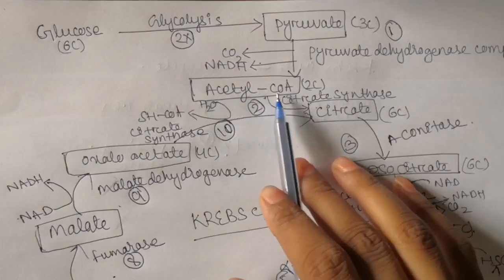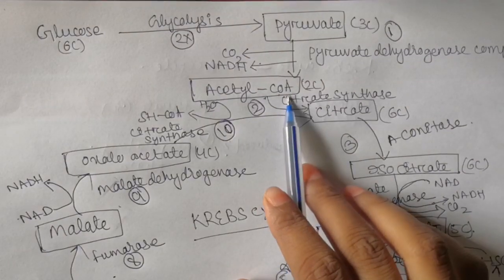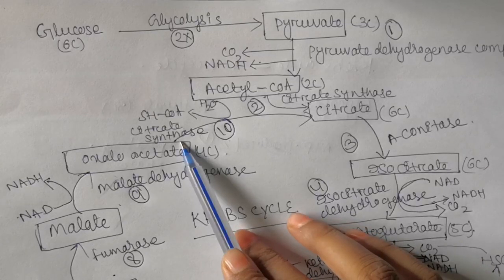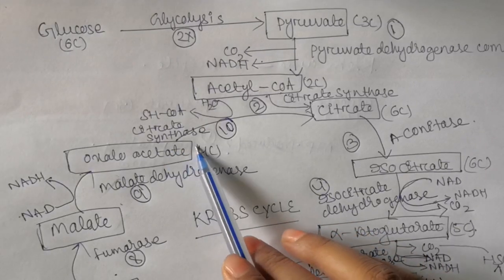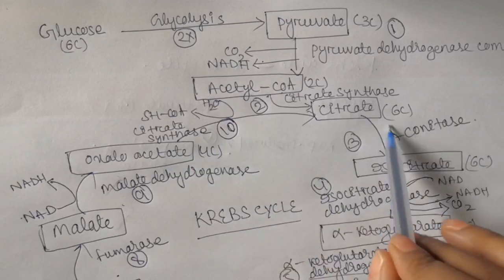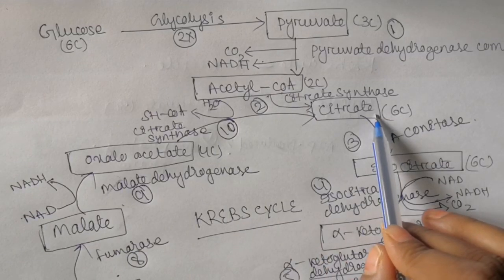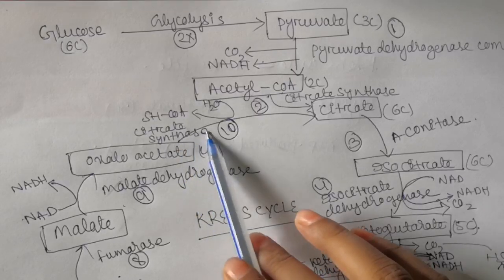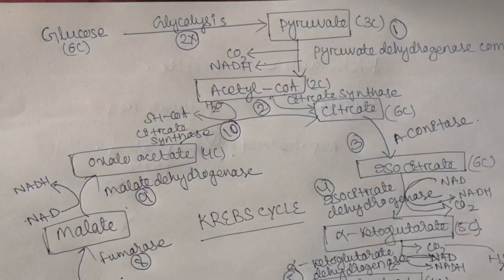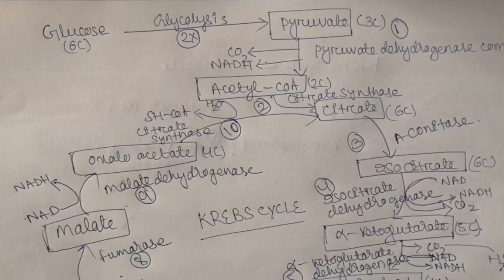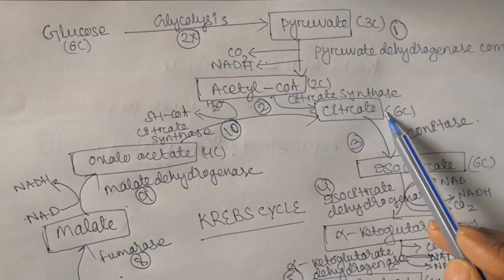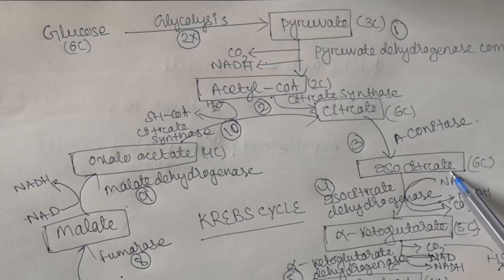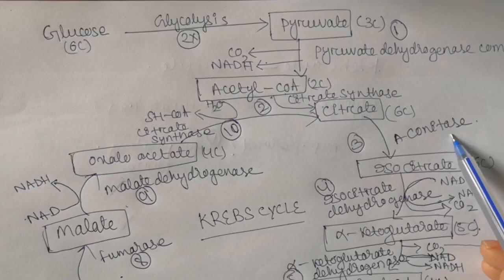In the next step, acetyl coenzyme A combines with oxaloacetate, a 4 carbon compound, to form citrate, a 6 carbon compound. This reaction is catalyzed by the enzyme citrate synthase. Next, citrate is isomerized into isocitrate by the enzyme aconitase.